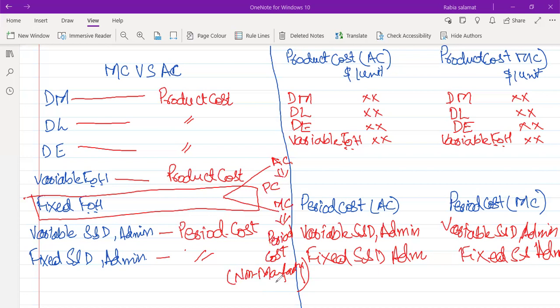According to absorption costing, these are part of the product. Why? Because it relates to the production. You need a factory for the production, so rent expense is there. So they said these are incurred because of the production. That's why these are part of the product cost.